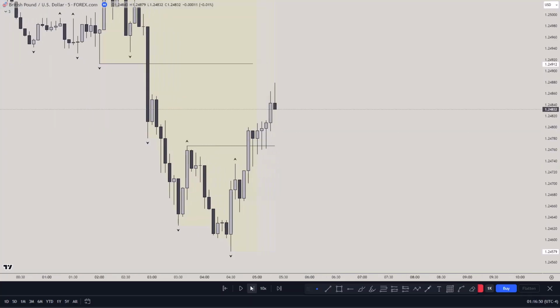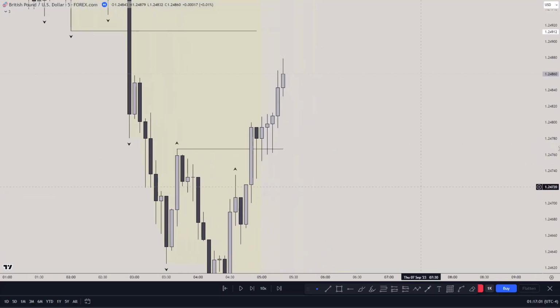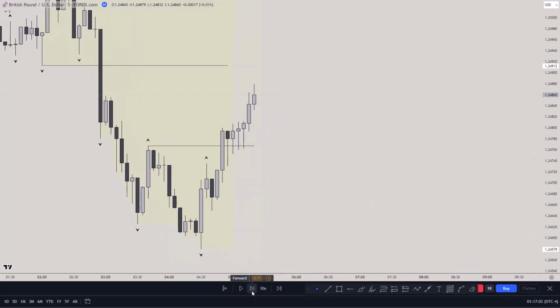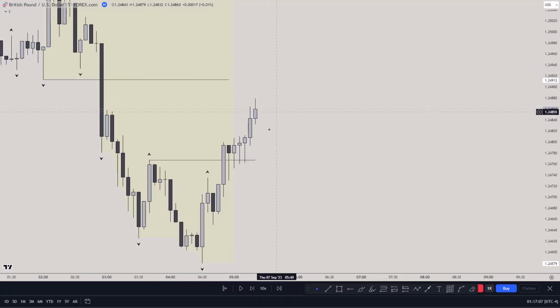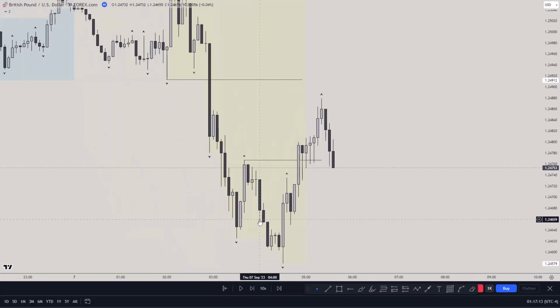Okay, I mean it's holding so far. You see how price is now closing below this level, so that's the breaker block. Price not really closing below, only wicking below, so that's a good one. But the problem here is the reward to risk and also the stop loss placement. So I don't think it was worth it.